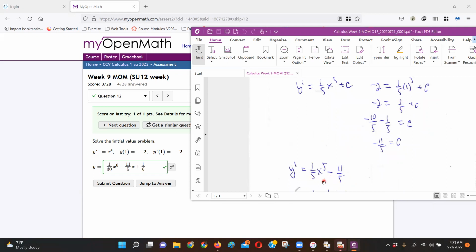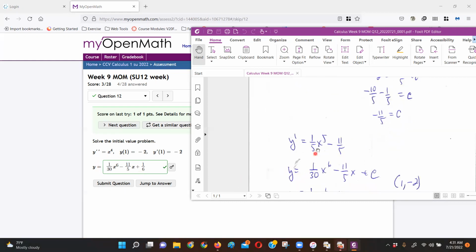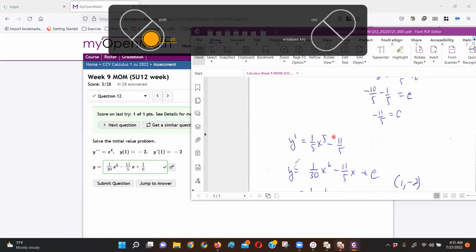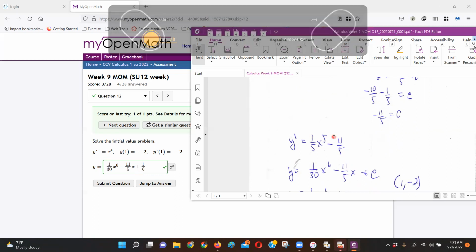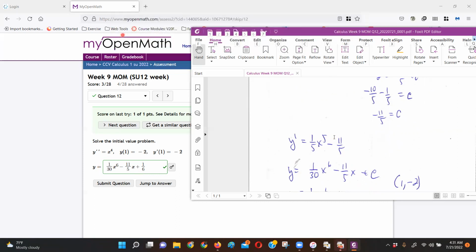That's that specific answer. Now they want me to find the actual function, so I have to go again. I added 1 to 5, got 6, and then I divided. My high school students still have a hard time with fractions.